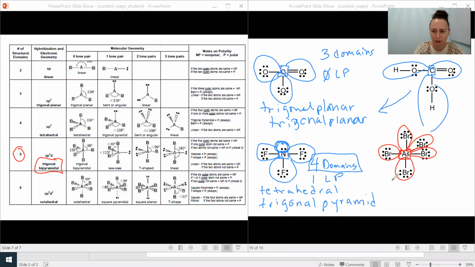So you're in the trigonal bipyramidal family. And I'm going to have to abbreviate here. That's the electronic geometry. And we have 0 lone pairs. So with 0 lone pairs, the molecular geometry has the same name. So that's quickly how to use the table.